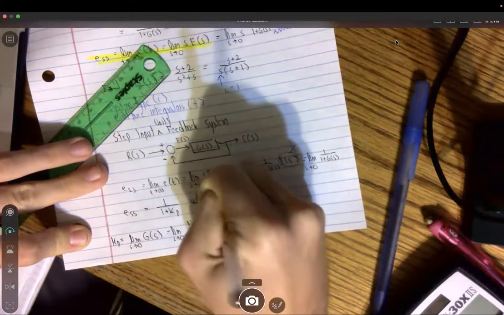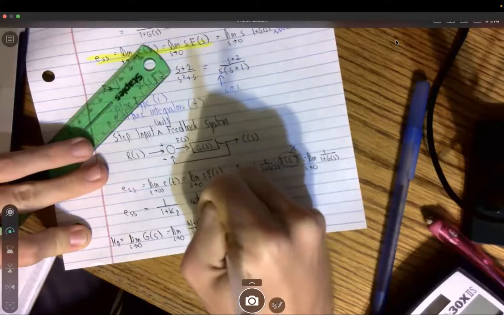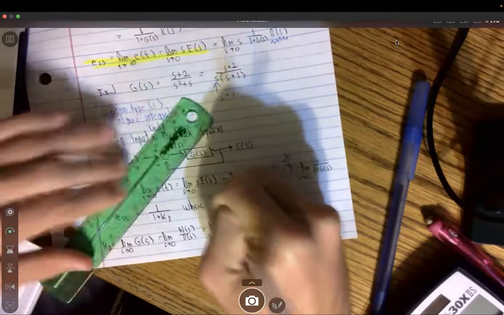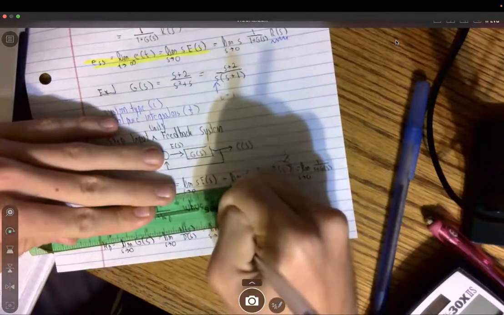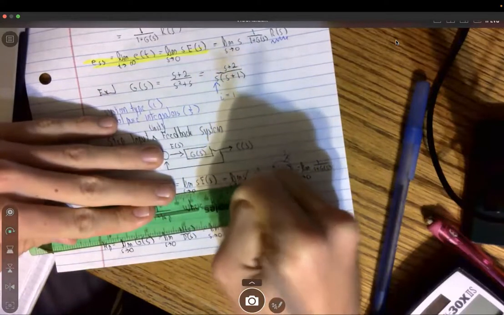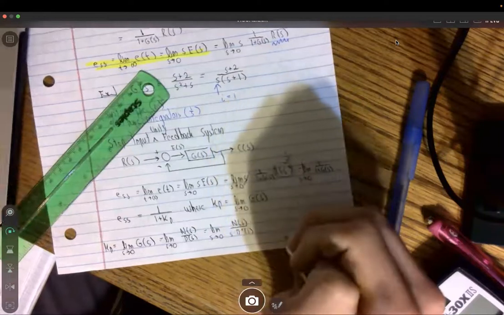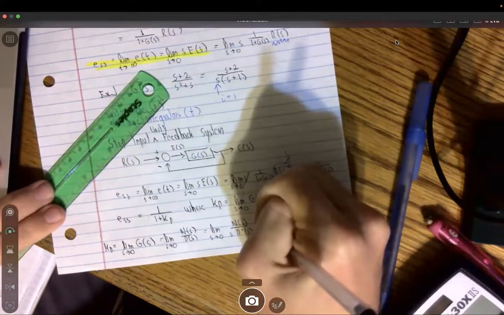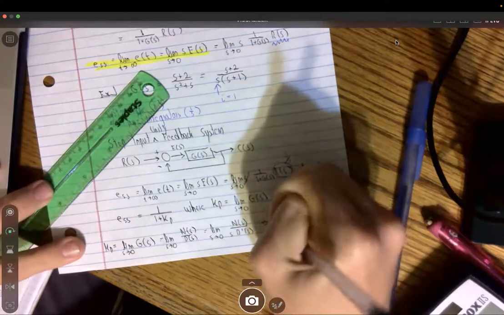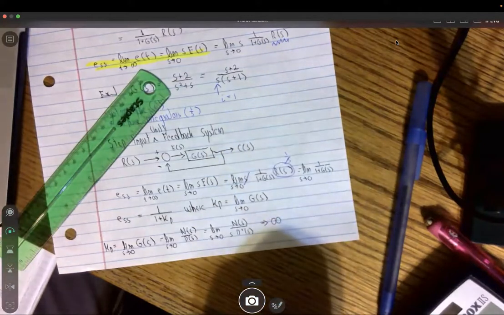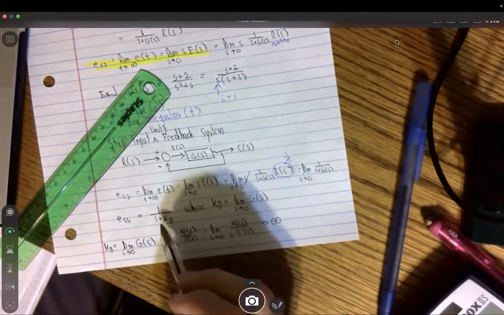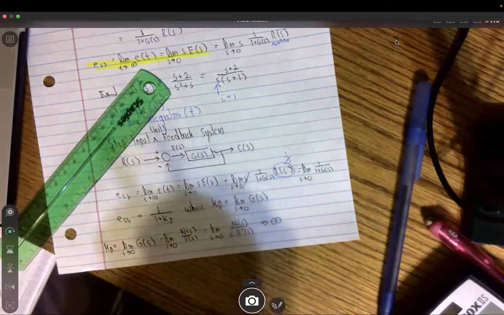If we have a pure integrator in our denominator, so I'm going to make this D prime of S to just show it's different, if you divide by 0, it's going to go to infinity. So if we make this term go to infinity, then the steady state error is basically 0.